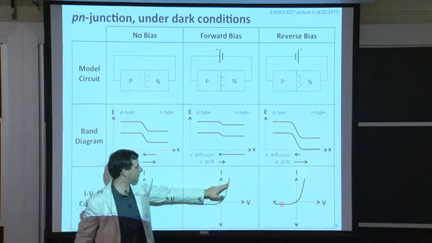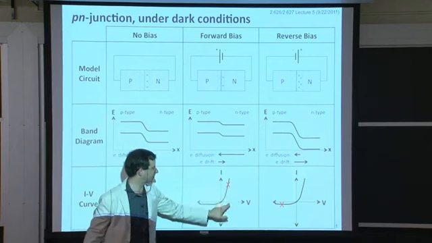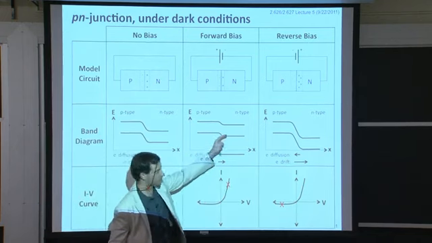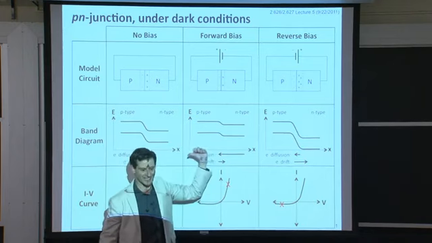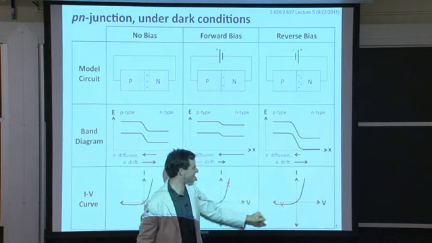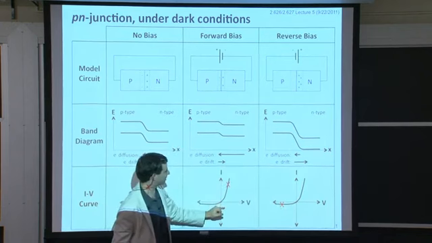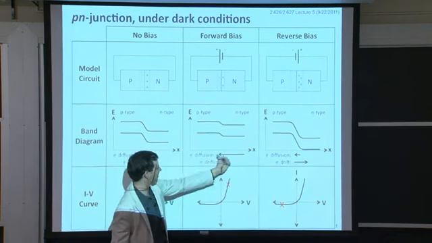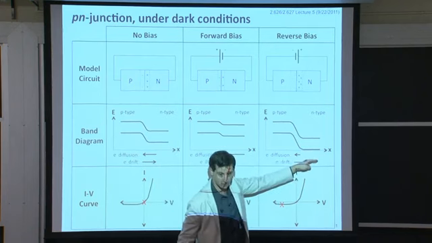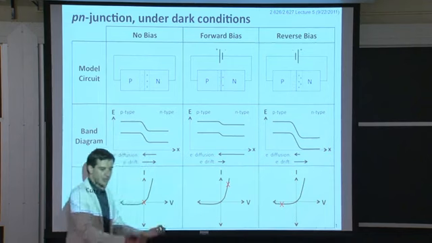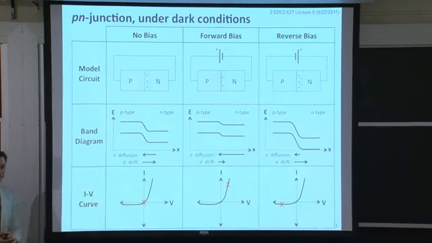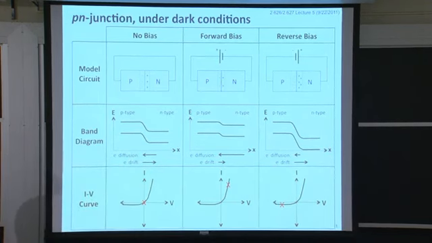So if you're under forward bias condition, in other words, your V is positive, you will have a positive current flow through your device. Positive current flow, electrons flowing that way. And under reverse bias, notice the sign of the current is flipped, because now the electrons are predominantly moving the other direction. The net current flow is in the opposite direction. And the voltage is also changing sign. You can say, OK, I'm going to put myself at this voltage and then read off.